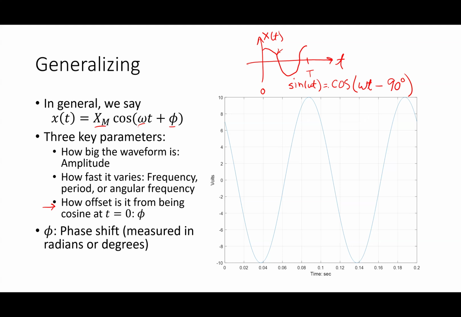In general, whatever I drew here is xm cosine of omega t plus phi, where xm, omega, and phi all have some number. So what is xm? 10. How do you know that? The peak value is always the amplitude, so clearly it's 10.